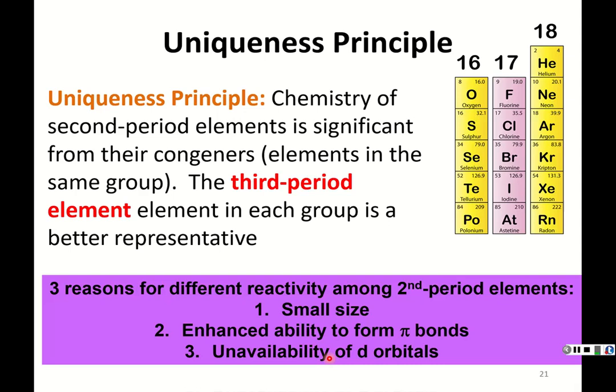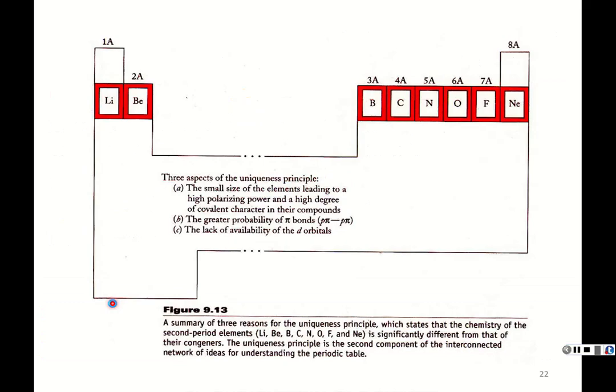If n is 2, l can only be 0 or 1, so an s orbital or a p orbital. Right? And because of their small size, they don't have d orbitals. That's what gives them this enhanced ability to form pi bonds. So in general, these elements are the ones we're going to be talking about when we refer to the uniqueness principle.